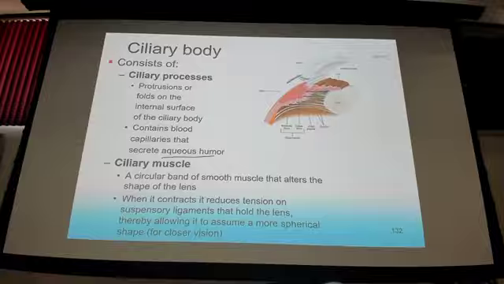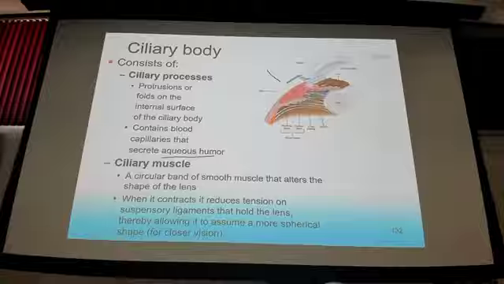Here's your iris. Here's the body, that whole structure. And then it has folds in it. These are ciliary processes, and they secrete aqueous humor.